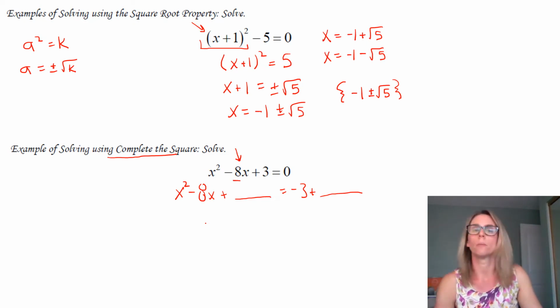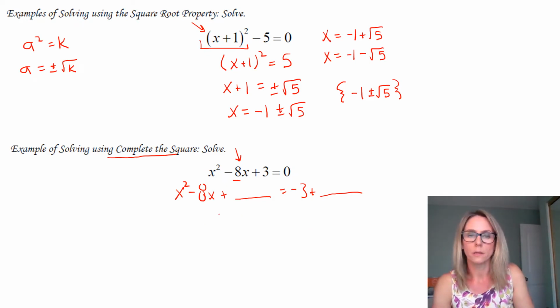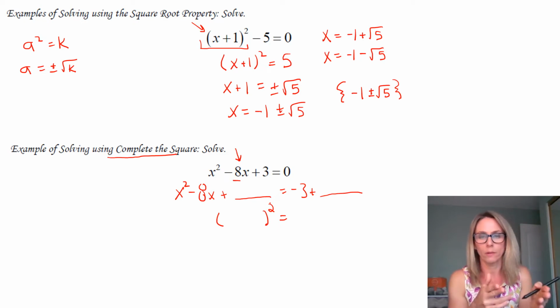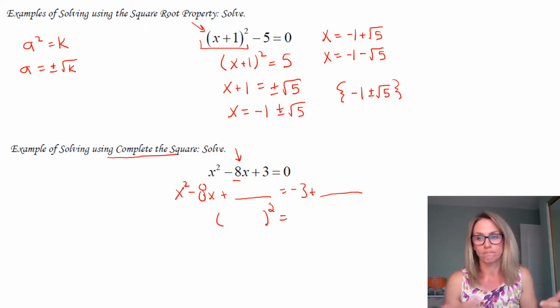That's the goal of completing the square. Can I get it so that I have something squared equaling a number? In order to do that, I'm going to make it so that the second line here that I have on the left-hand side is a perfect square trinomial, meaning that it can factor into something squared.